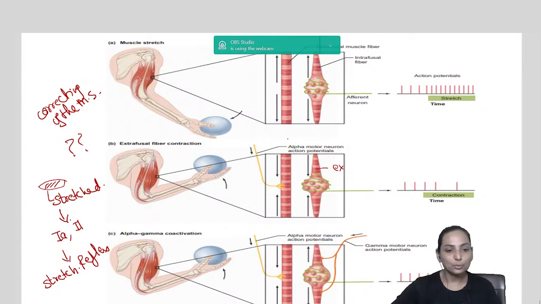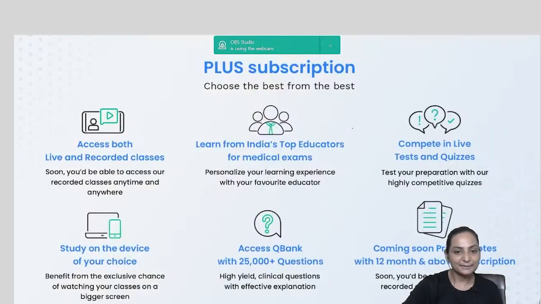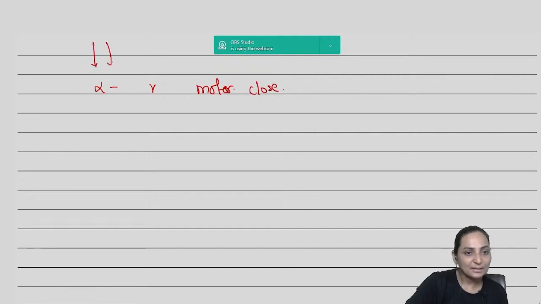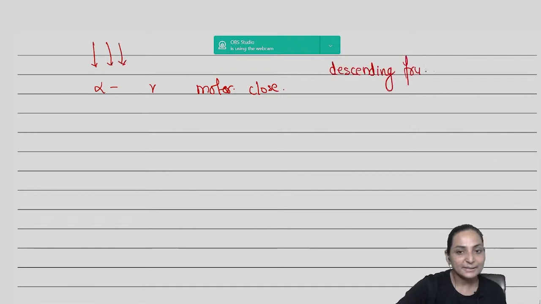So here comes the role of alpha gamma coactivation. What do you mean by alpha gamma coactivation? See, in the ventral horn of the spinal cord, these alpha and the gamma motor neurons are anatomically situated very close, and they are always under the influence of the descending tracts, which are the pyramidal and the extrapyramidal tracts.